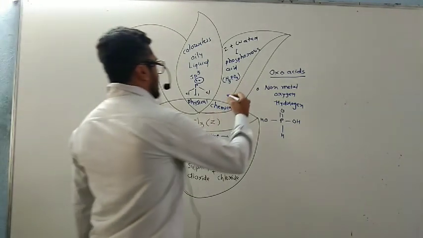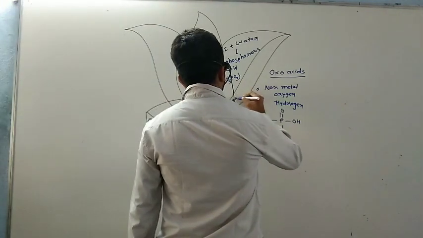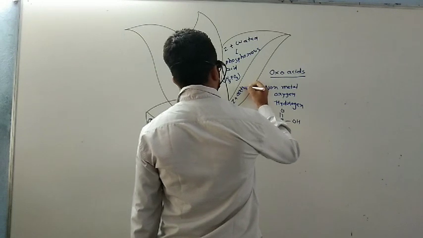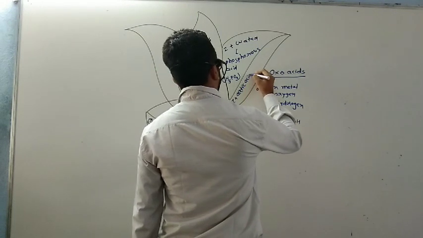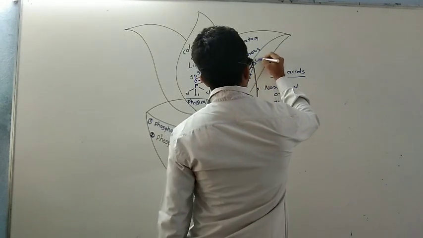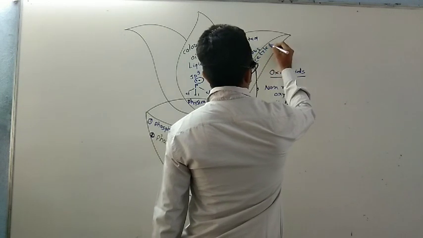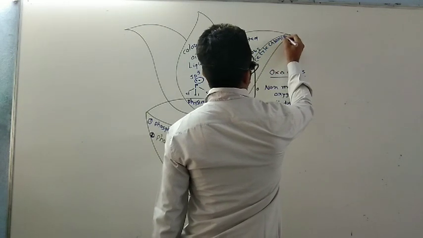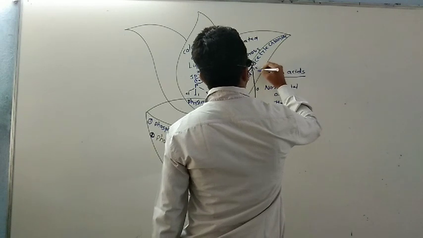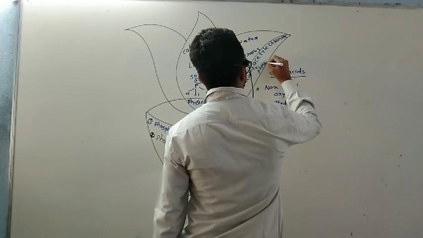Okay, the next one is here. Z plus acetic acid forms acetyl chloride and phosphorus acid.